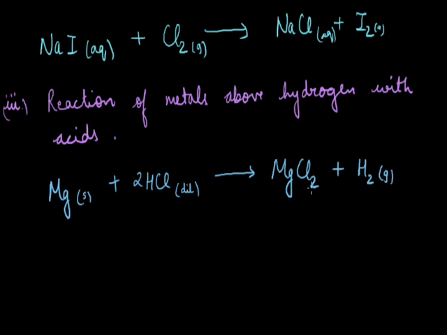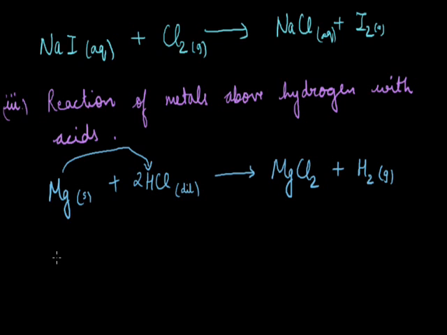So we can say here that hydrogen is being displaced by magnesium. So this is also a type of displacement reaction where the more reactive metal, which is placed above hydrogen in the reactivity series, can displace hydrogen from acids, such as hydrochloric acid and sulfuric acid.